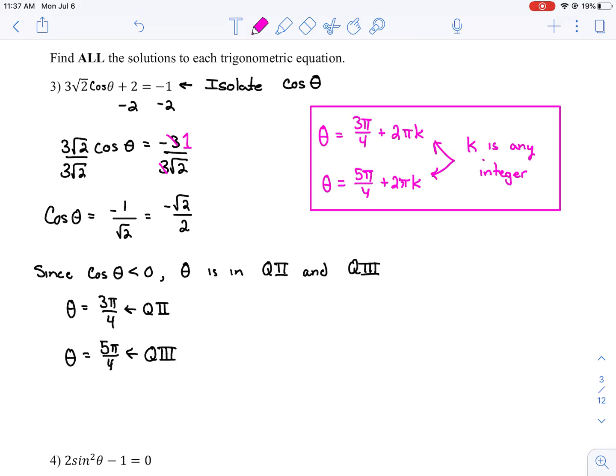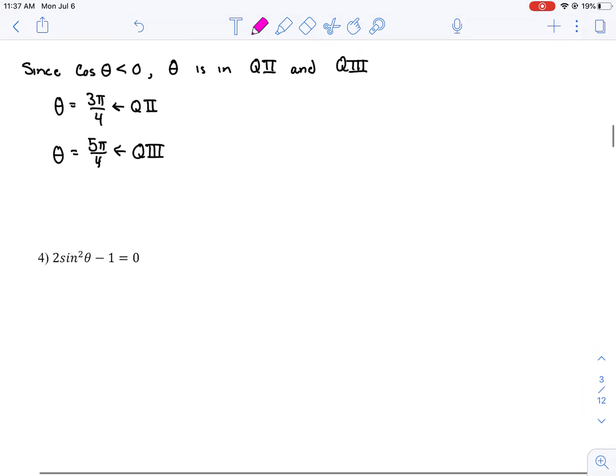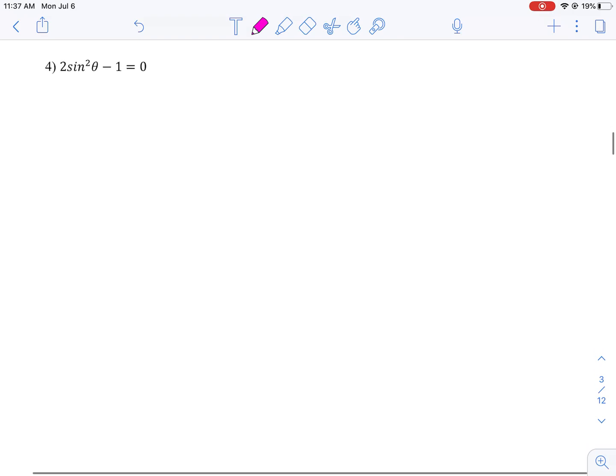Okay, next example. 2 sine squared theta minus 1 is equal to 0. So I'm going to start by adding 1 to both sides, and then dividing both sides by 2.